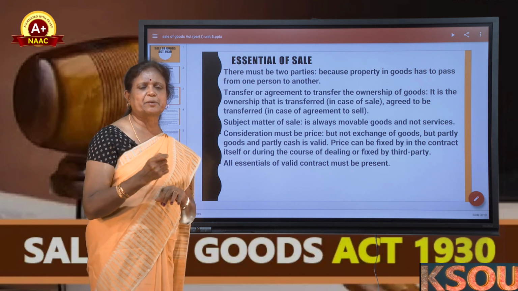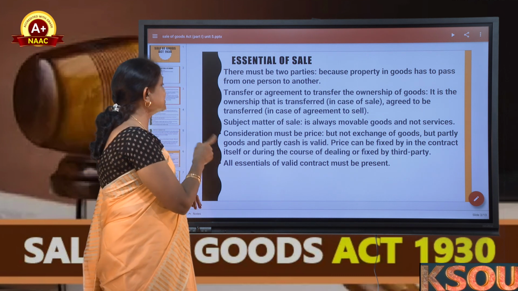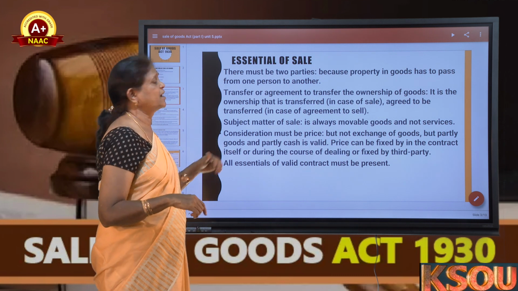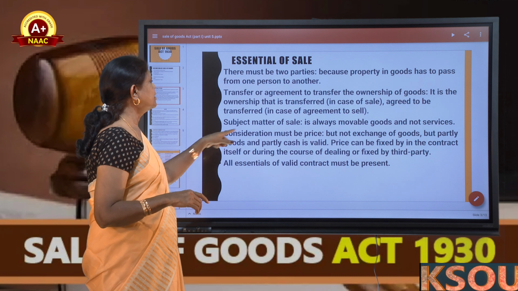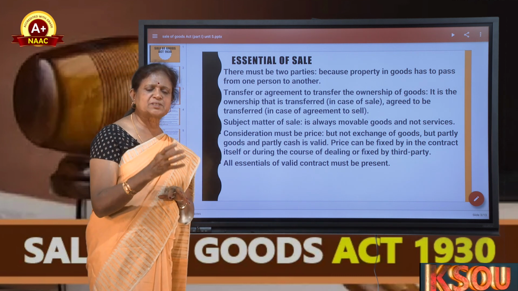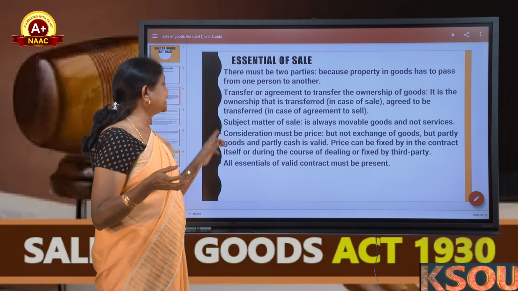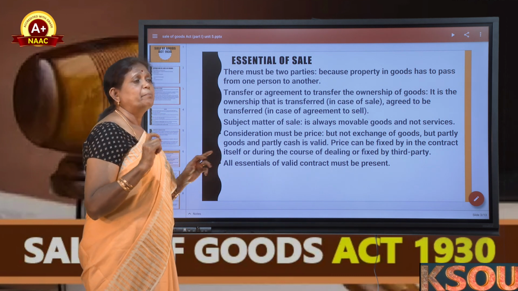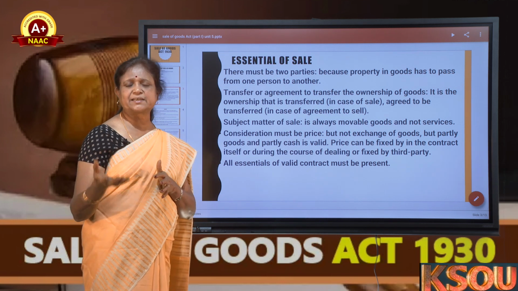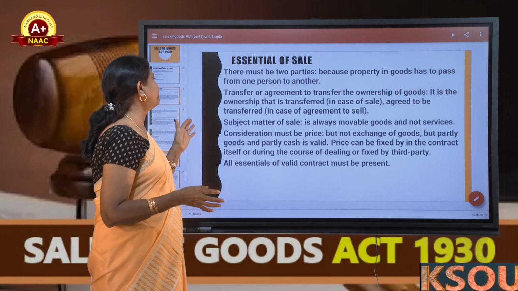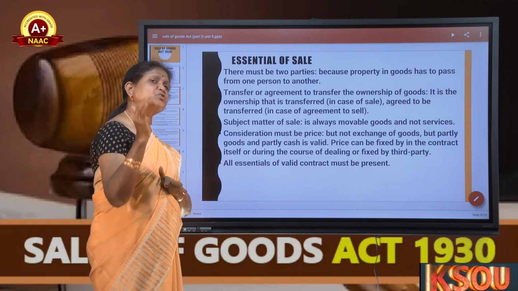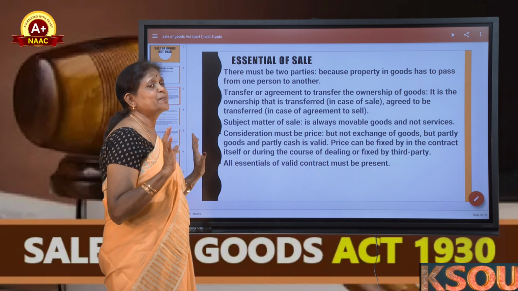Immovable property is not the subject matter of sale, and similarly services are not included in the sale of goods. Consideration must always be for a price. Price means money. If goods are exchanged for goods, that is not a sale of goods but is considered a barter. Exchange of goods is said to be barter, but if partly goods and partly money is transferred, it is also a valid sale under the Sale of Goods Act.